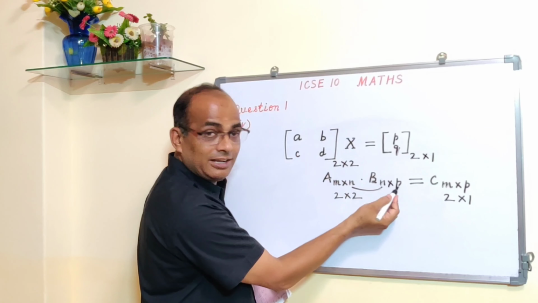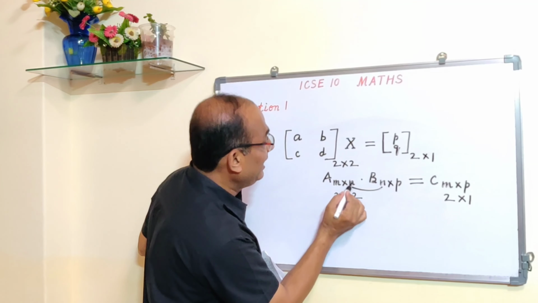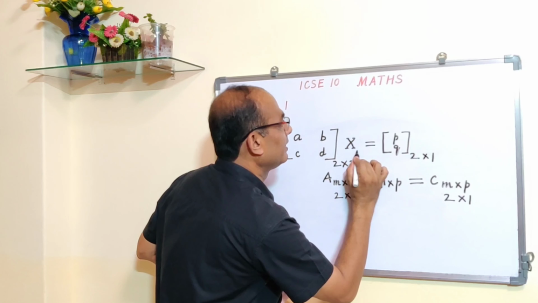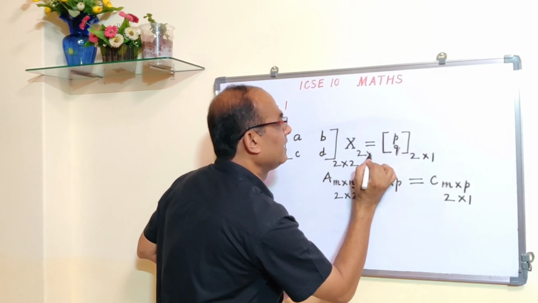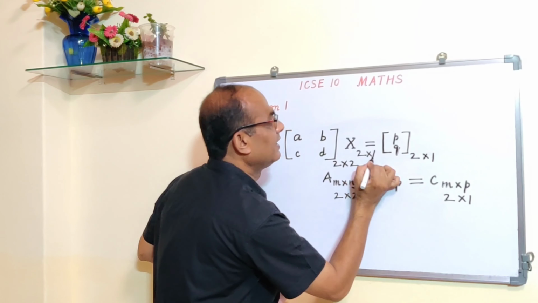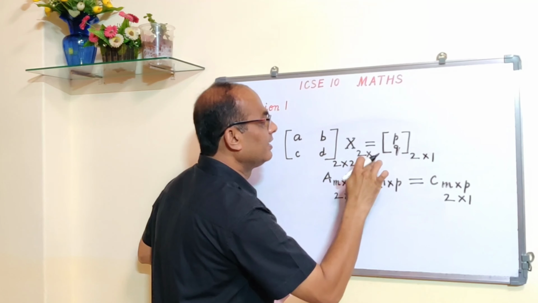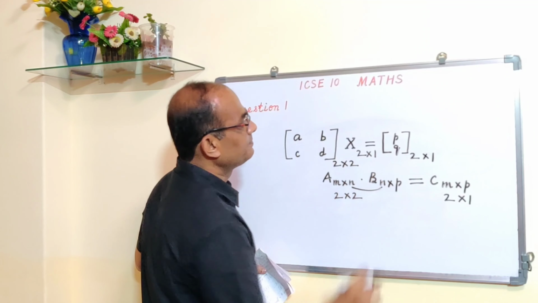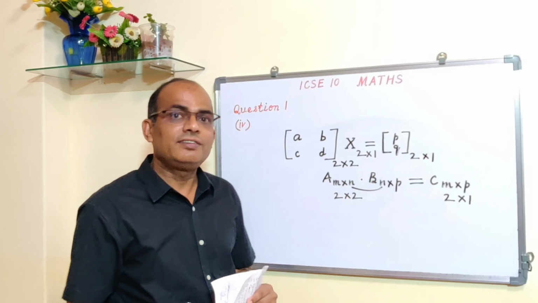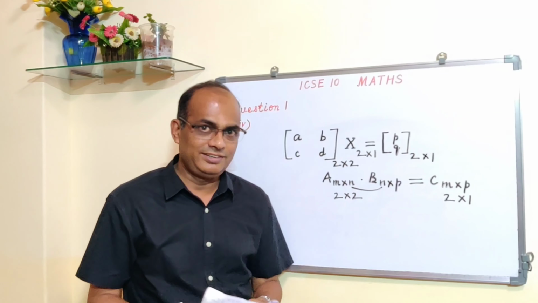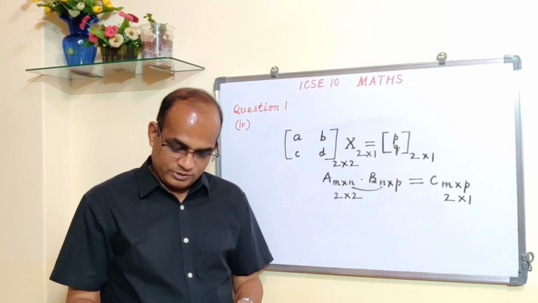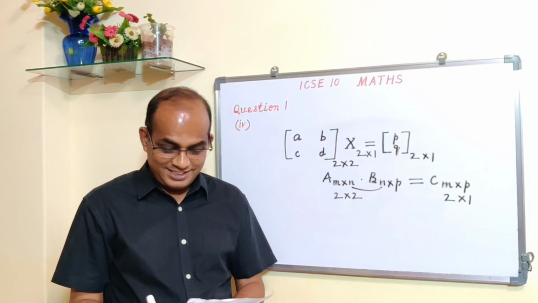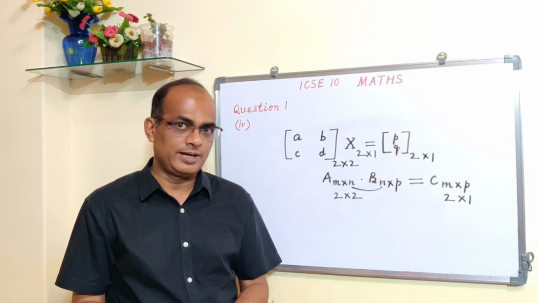Your X will be n by p, no? What is n? n is 2. What is p? p is 1. So that means 2 by 1. Easy enough to understand? It should be 2 by 1. Is it okay? Alright, so this is how we can easily find the order of a matrix. So the correct option is option C, and the correct answer is 2 by 1.